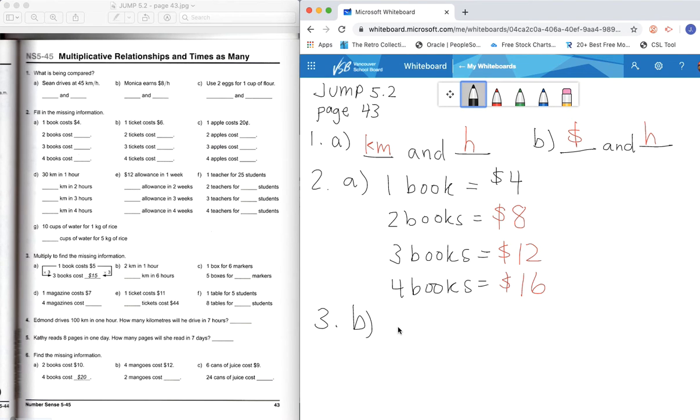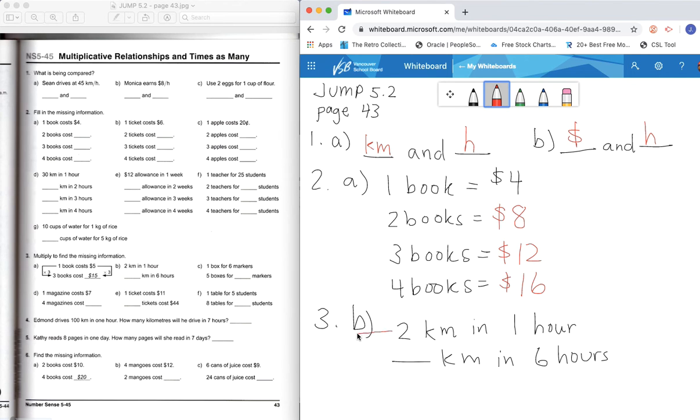So 2 kilometers in 1 hour, so blank kilometers in 6 hours. So what do we do? We do 2 times what?